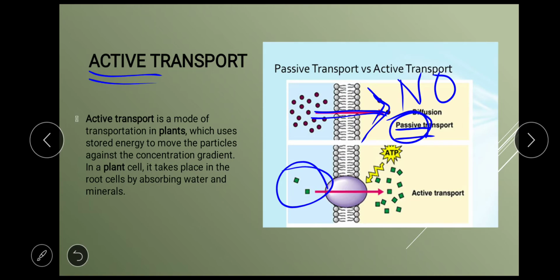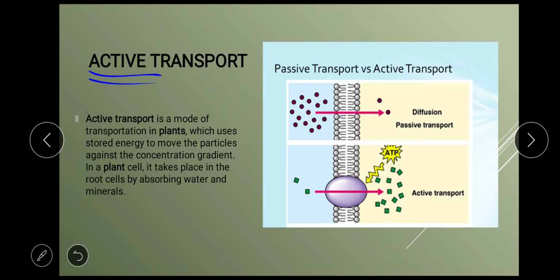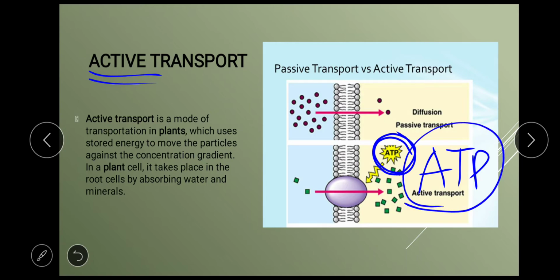It is happening automatically. But if you want to do the reverse process, if you want to move from less to more, then you have to apply some energy. And that energy is in the form of ATP. ATP stands for adenosine triphosphate, but the full form is not important for you. Just remember, ATP are energy molecules. That is the energy.